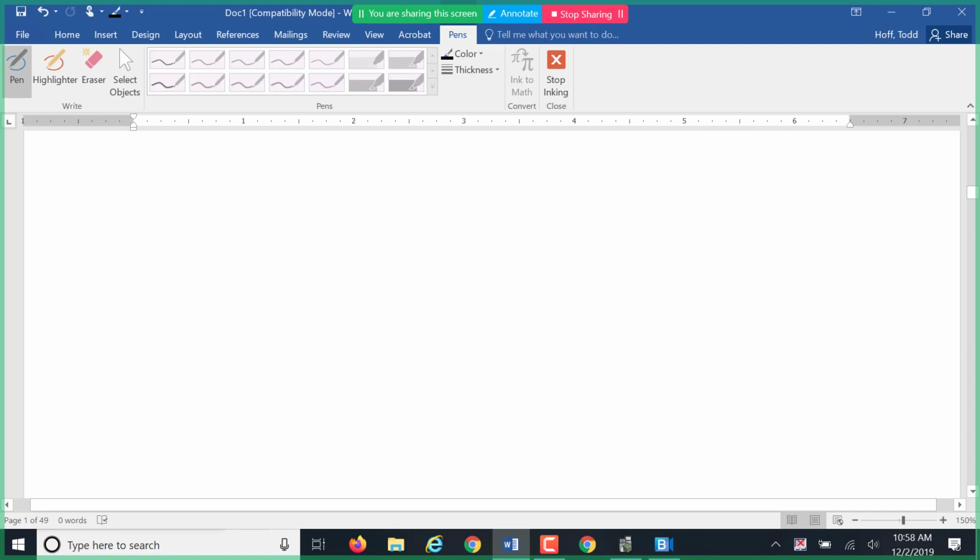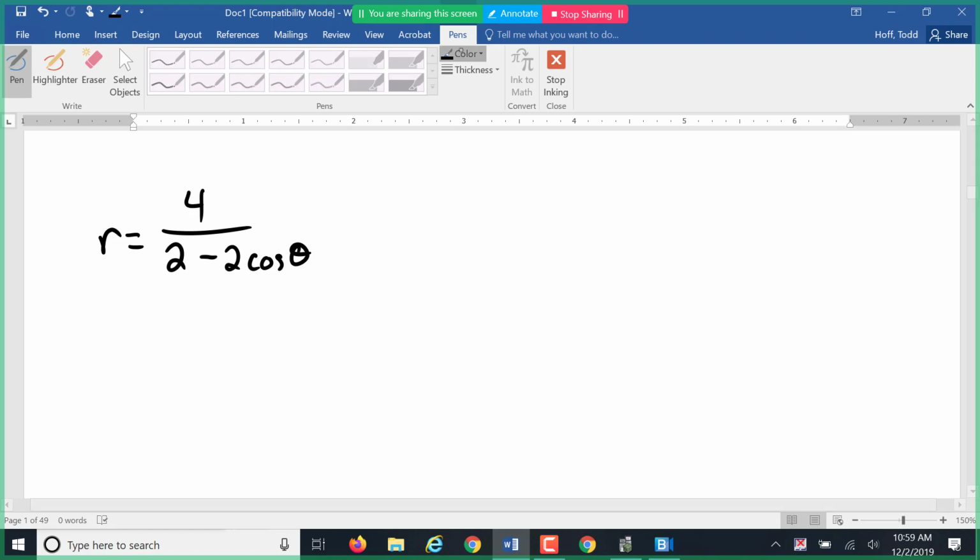Let's do r equals 4 over 2 minus 2 cosine theta. So now again, we're worried about this value right here.